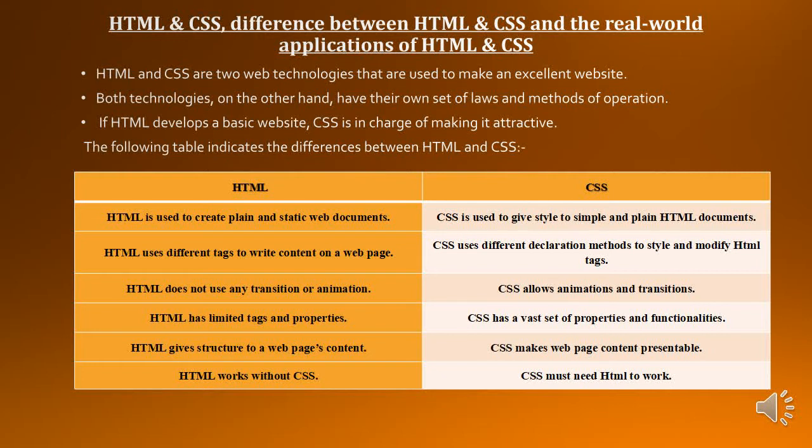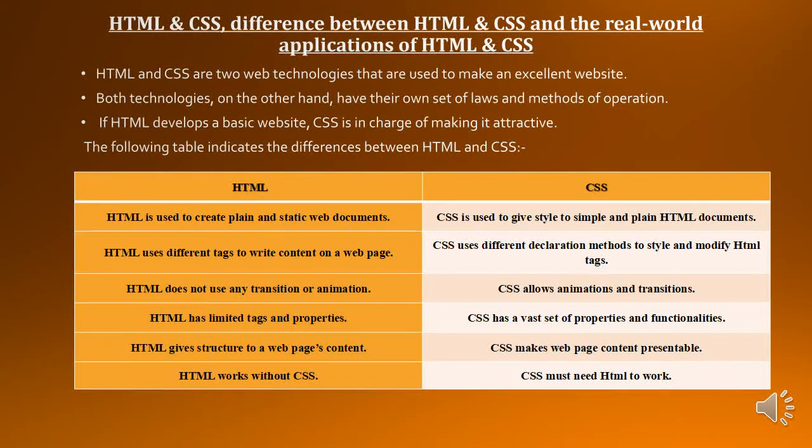Point number 1. HTML is used to create plain and static web documents, while CSS is used to give style to simple and plain HTML documents. Continue with the next point.